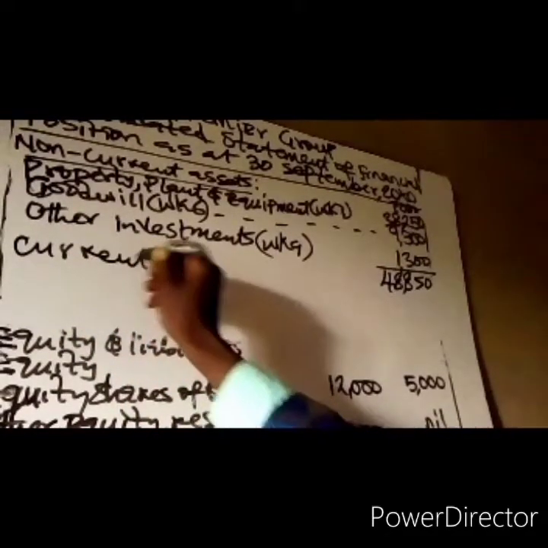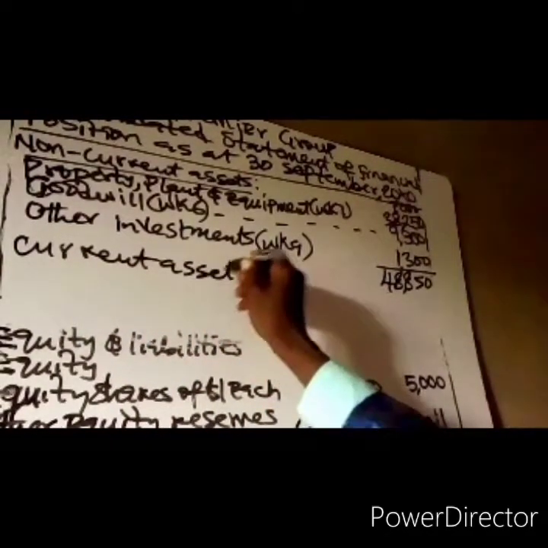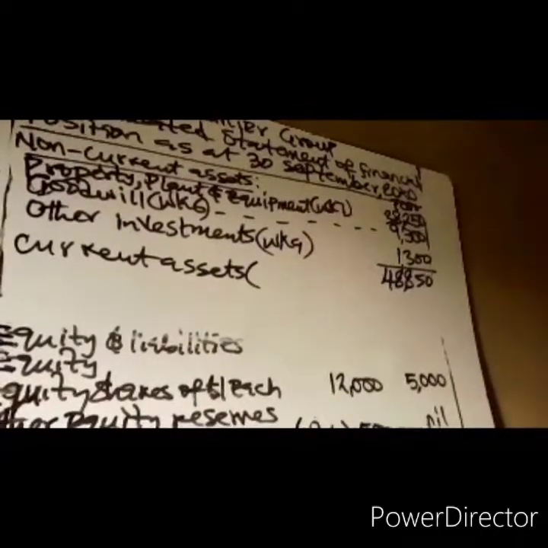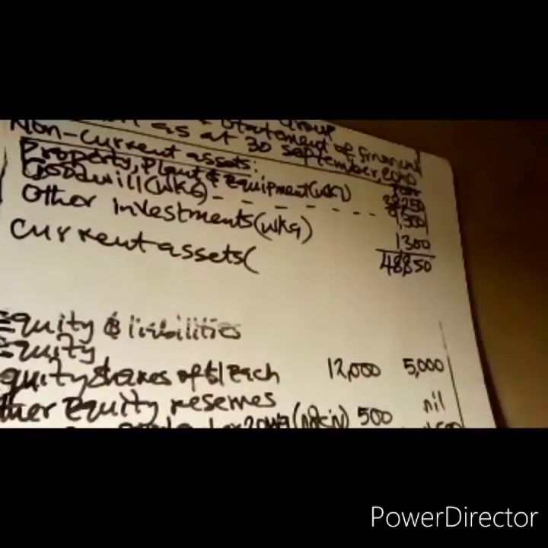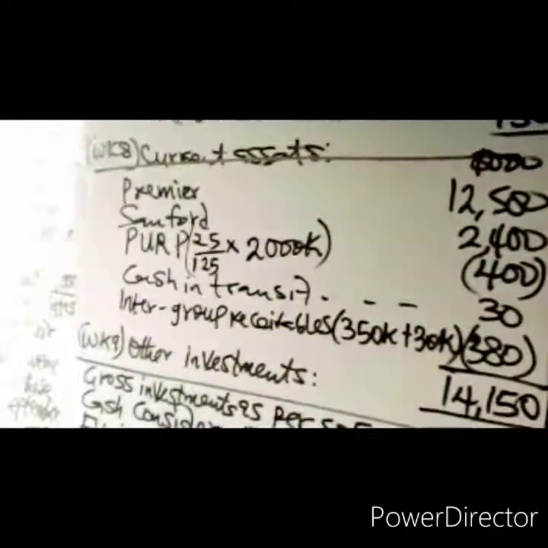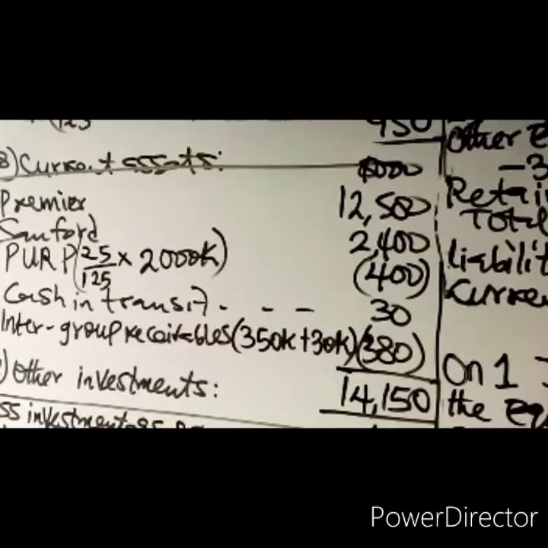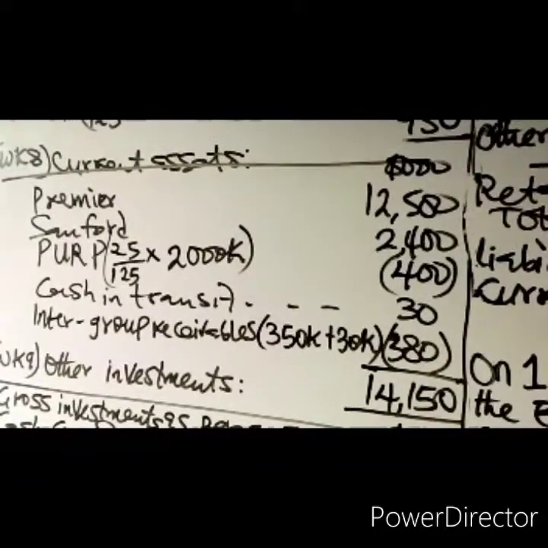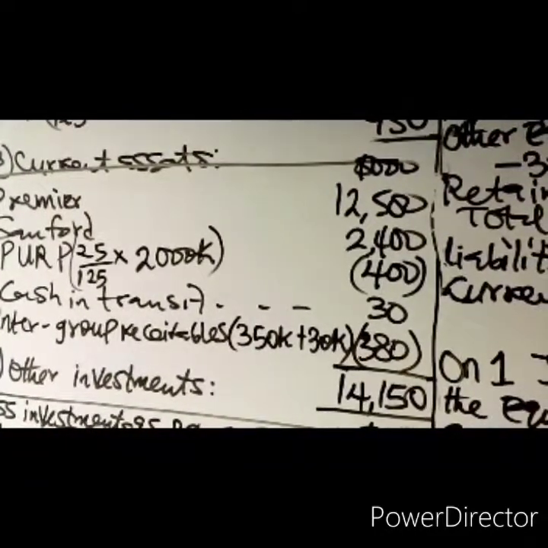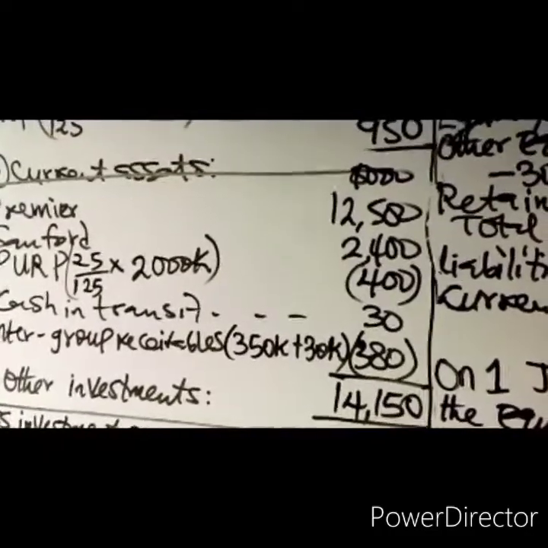Current assets. Then if you check our working 8, the total of our current assets is 14,150. So that is working 8.